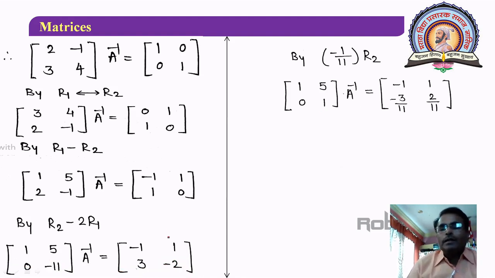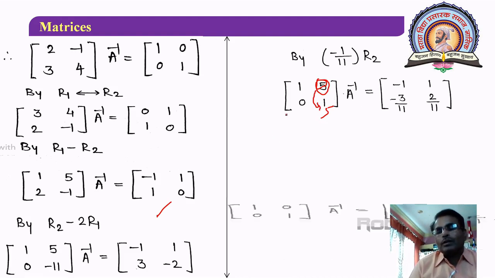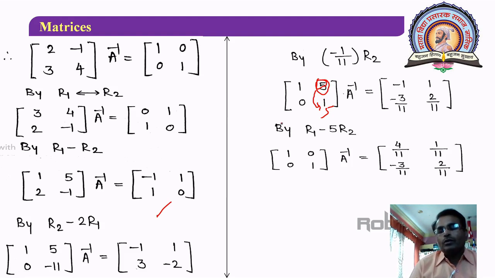Then in the next step, you have to reduce this element to 0. If you want to make this element 0, what do we have to do? You have to multiply this by 5 and subtract, isn't it? So from this you have to subtract 5 times R2, which means the next operation is R1 minus 5 times R2, due to which you will get this 1 as it is, but 5 minus 5 becomes 0. Here minus 1 minus 5 times minus 3 by 11, that becomes 4 by 11.